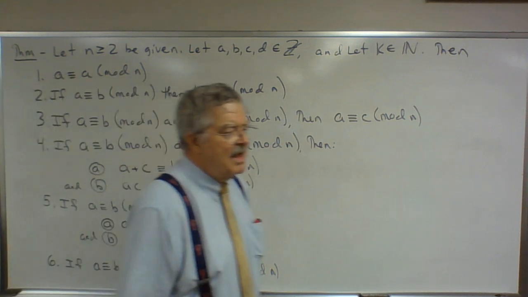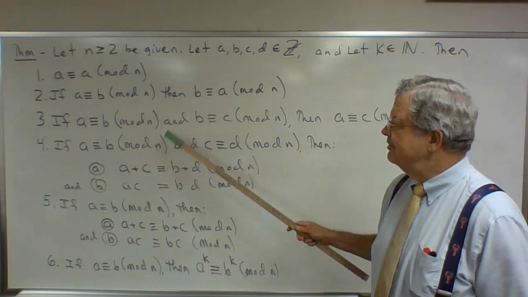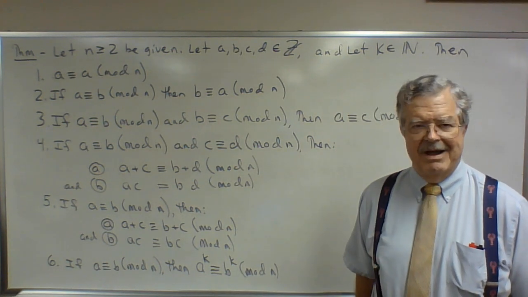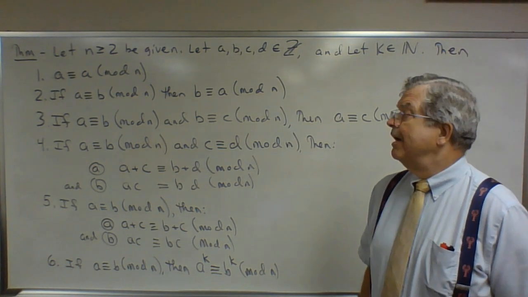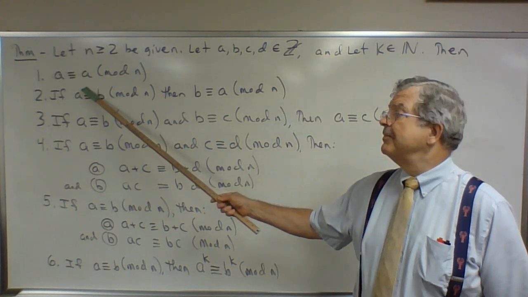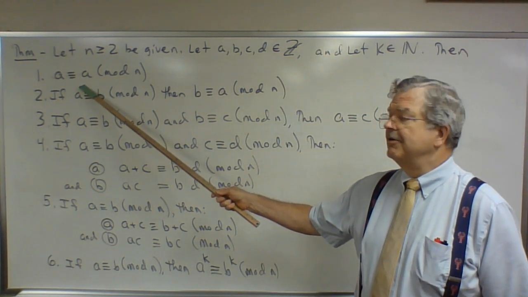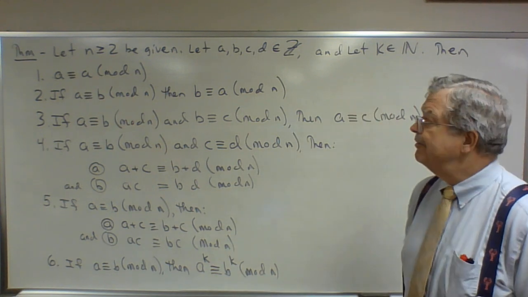Well, okay. And by the way, a lot of these properties of congruences have analogs when it comes to equations. Equations, A is equal to itself, reflexive property. Same thing holds for congruences. Every integer is congruent to itself.